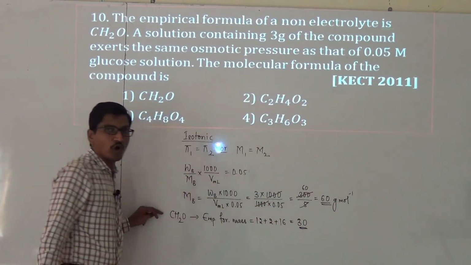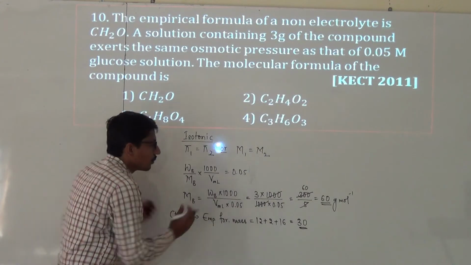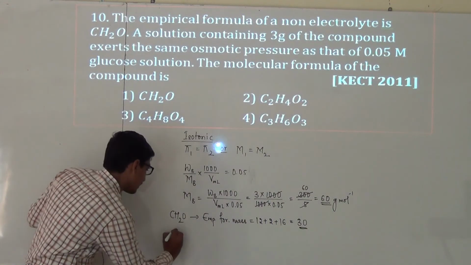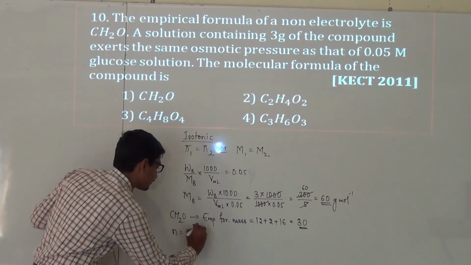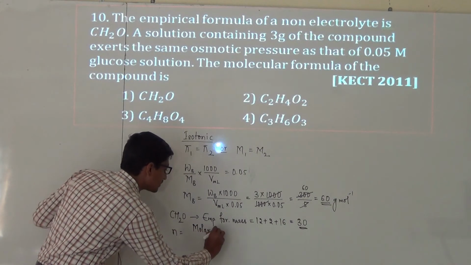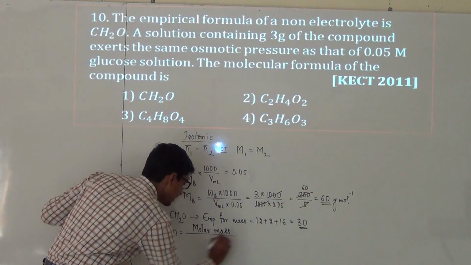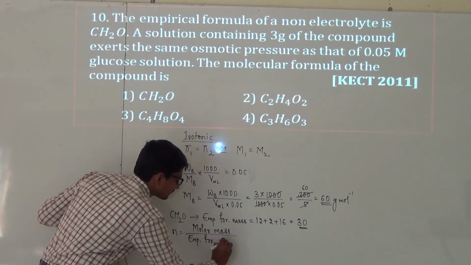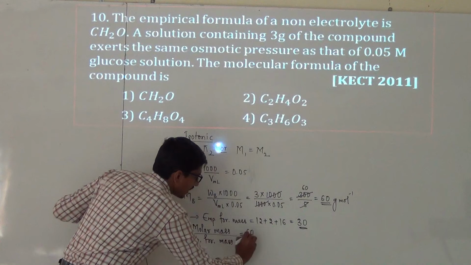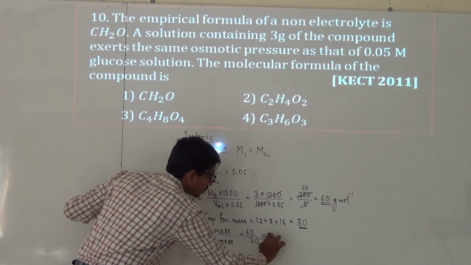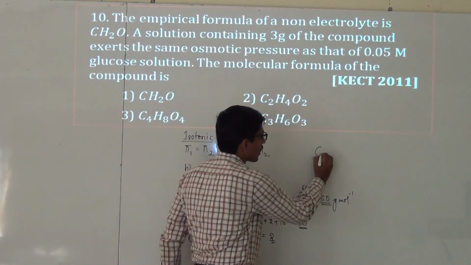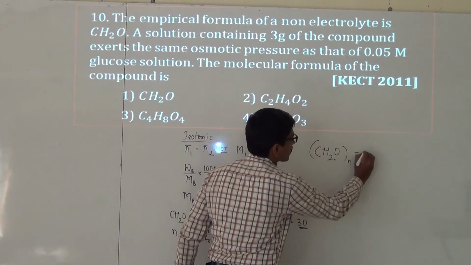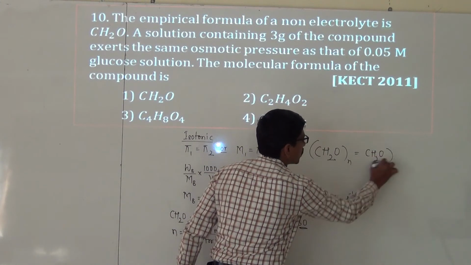Knowing the empirical as well as molecular mass, we can calculate the n value. n is equal to molar mass divided by empirical formula mass, 60 by 30 is equal to 2, and the molecular formula is (CH2O) n, which is CH2O twice.